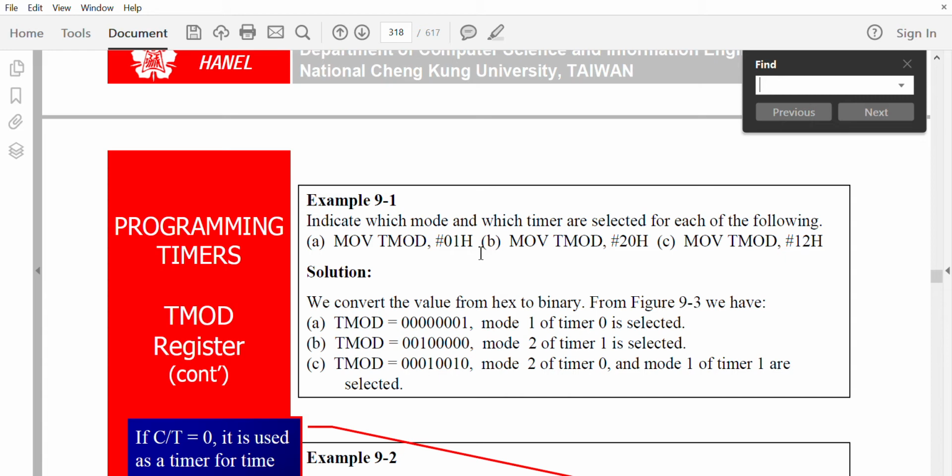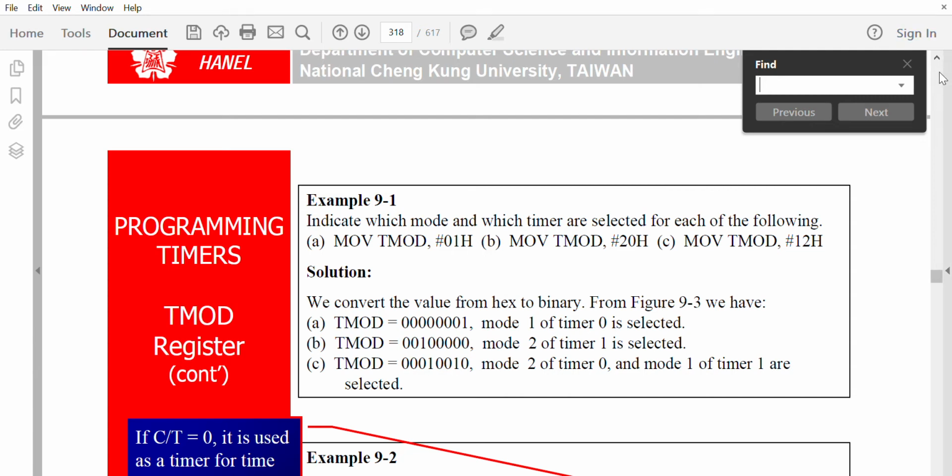Now, what are you moving to TMOD? It is 01, so 0000 0001. The 1 is for timer 0, M0. So M1, M0 of timer 0, we know that it is 01. So that is mode 1 of timer 0.